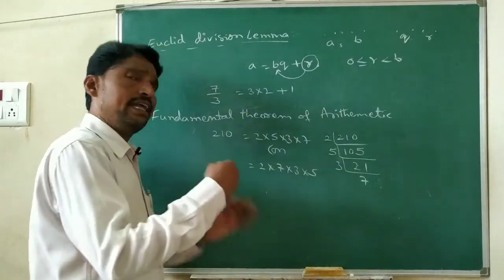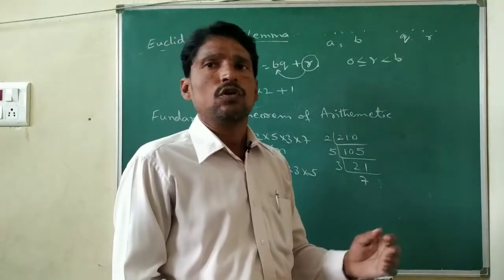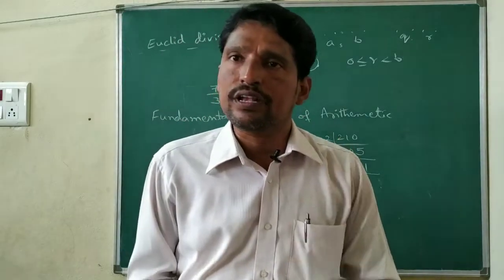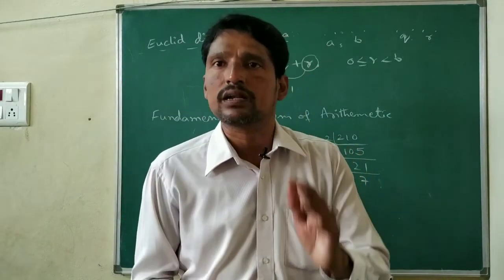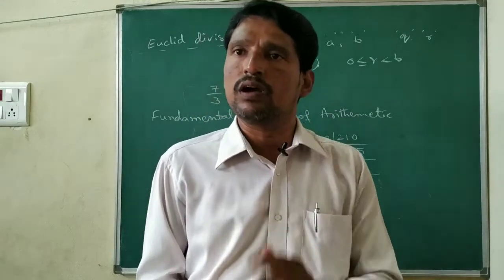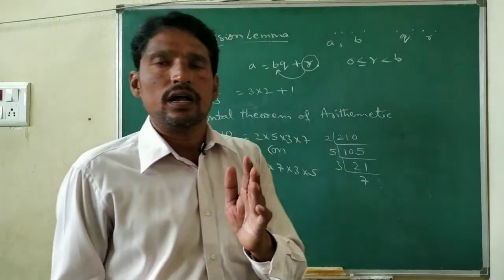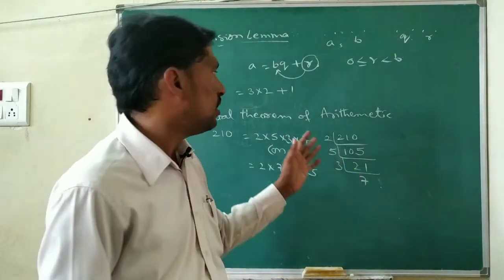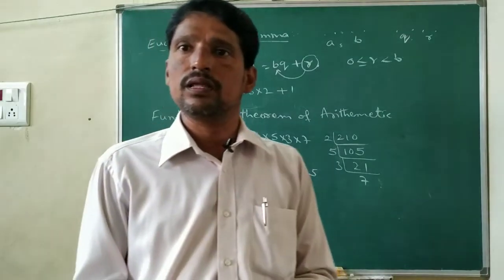In any order, it is correct. So what is the fundamental theorem of arithmetic? Every composite number can be expressed as a product of primes, and the prime factorization is unique apart from the order in which the prime factors occur. This is called the fundamental theorem of arithmetic.